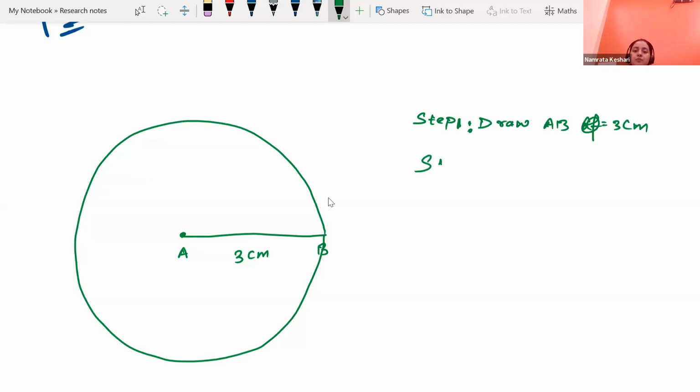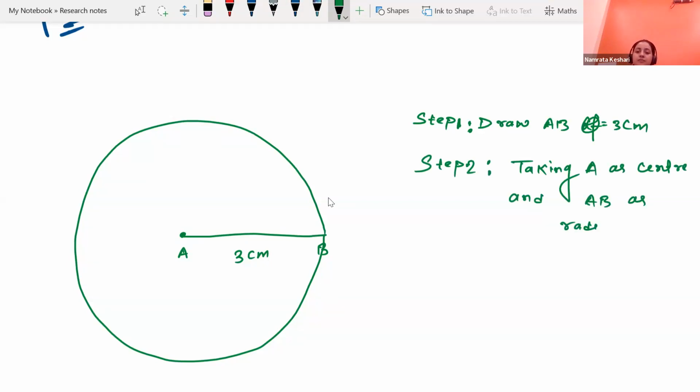Step 2: taking A as a center and AB as radius, a circle is drawn. Now keep in mind, if you are saying that A is a center, that means your compass needle you are pressing at A, and then you are drawing a circle.